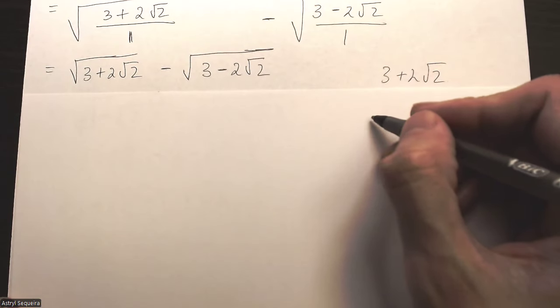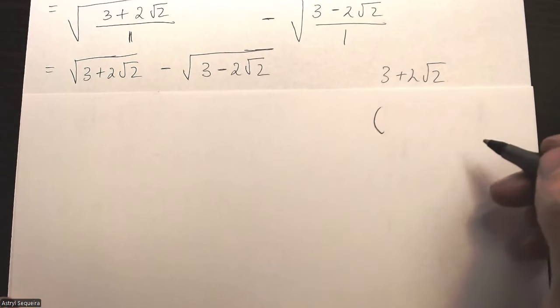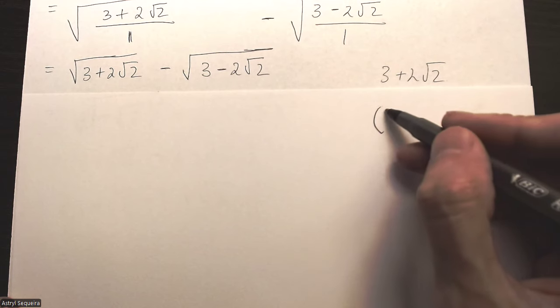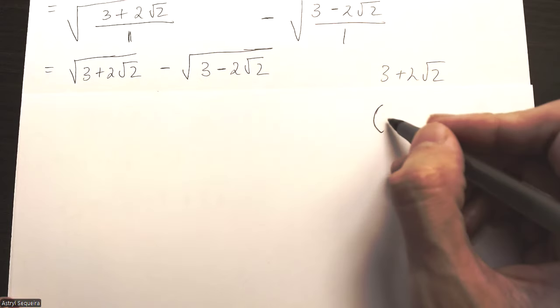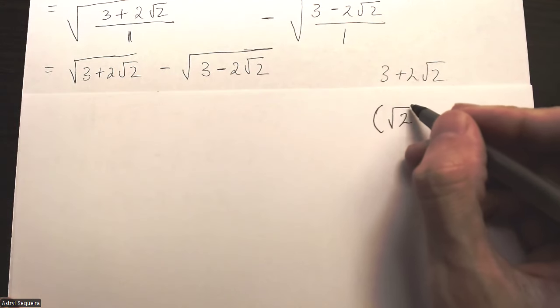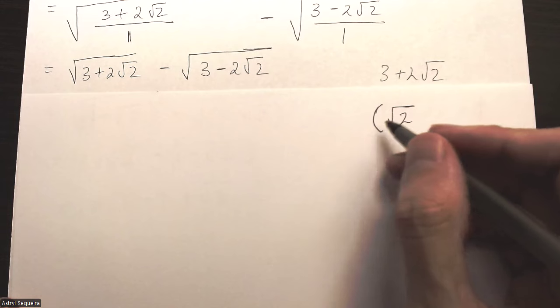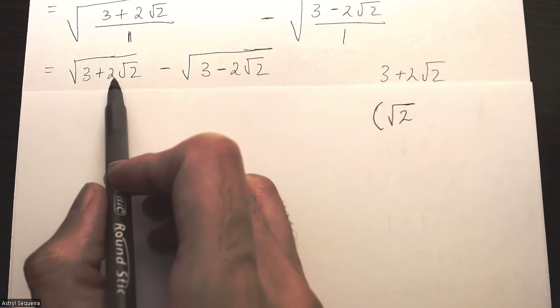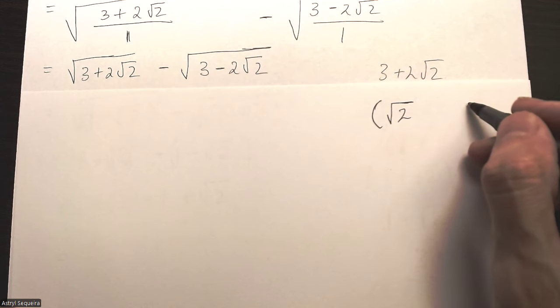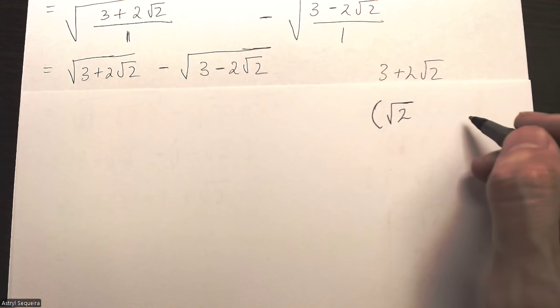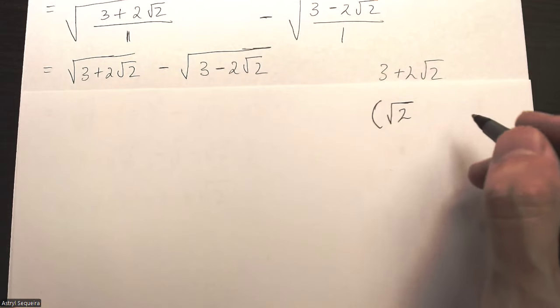I'm going to do it by trial and error. We know the root term has to be square root of 2. It could potentially have a coefficient, but because this is 2 root 2, it's very likely that when I expand it out, root 2 times something is going to give me 2 root 2.